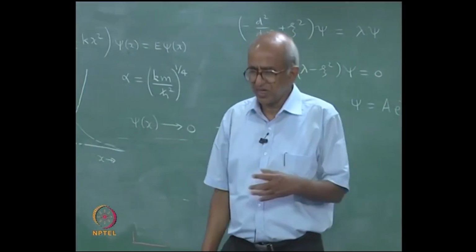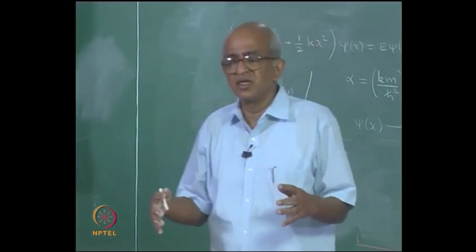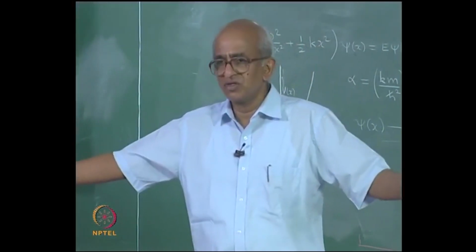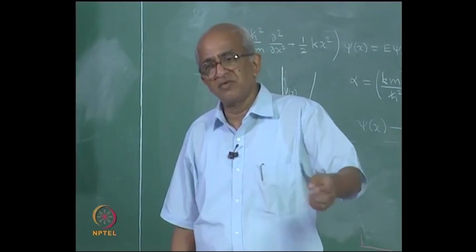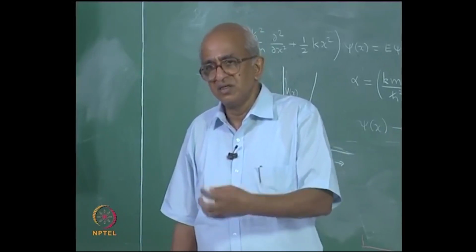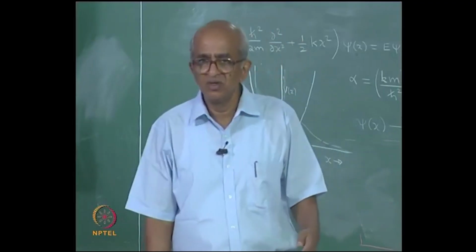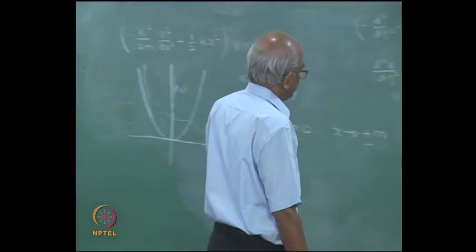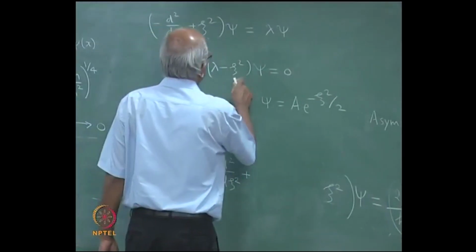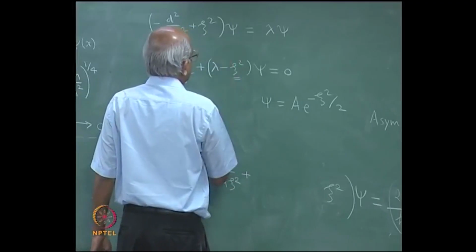So, what do I mean by asymptotic solution? The answer is that this is a solution that is valid for large values of c. Suppose c is very large, that means you are far away from c equal to 0.